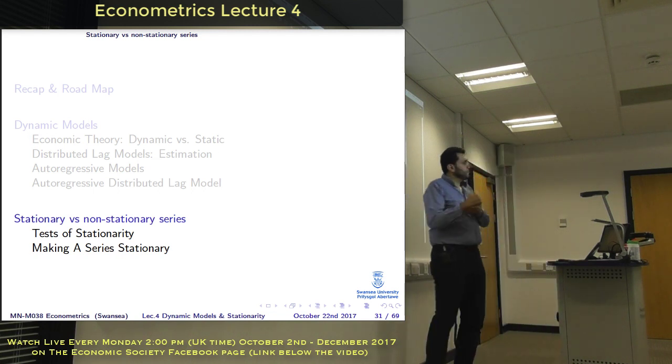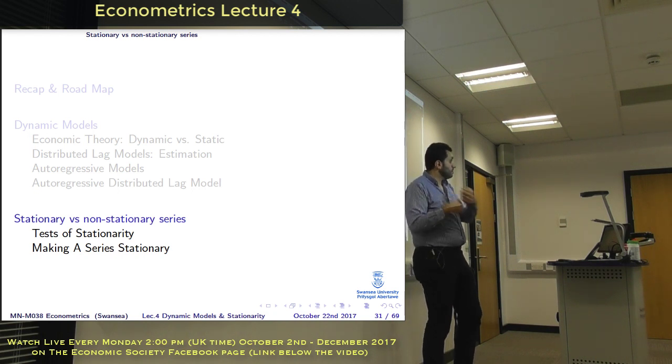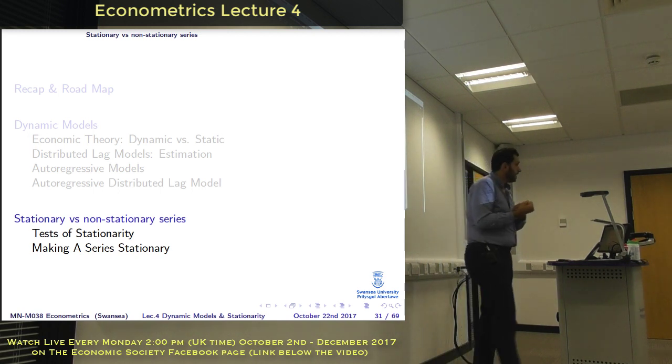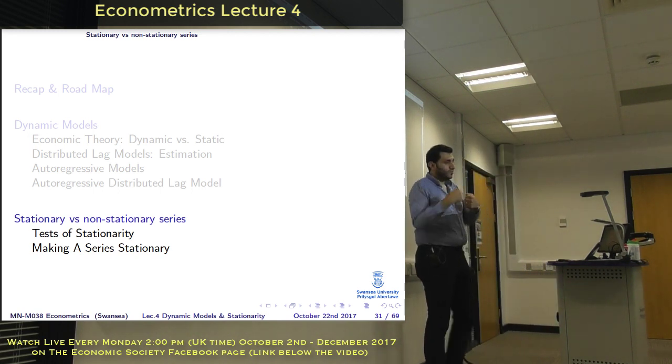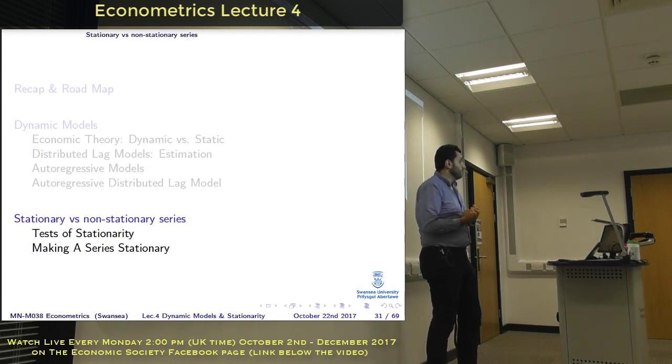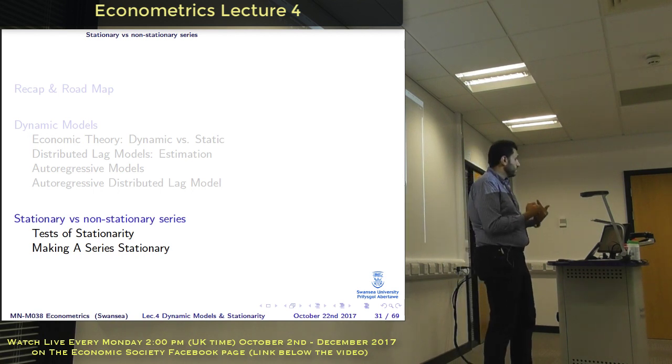We started with the distributed lag model when we discussed the permanent income hypothesis of Milton Friedman. Then we looked at a more generalized form of this model, and we said it's very difficult to have an infinite number of parameters to estimate, and that's why we need the Koyck transformation.